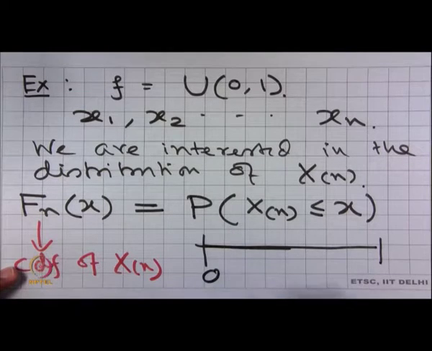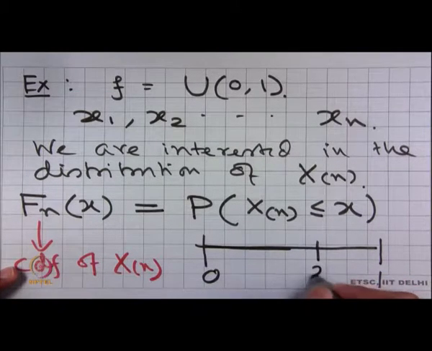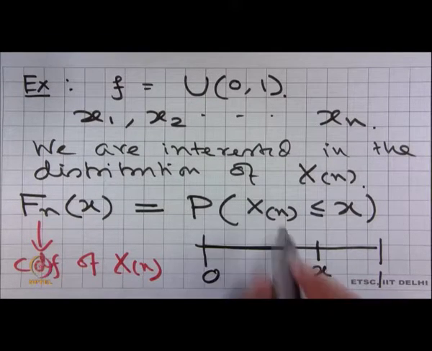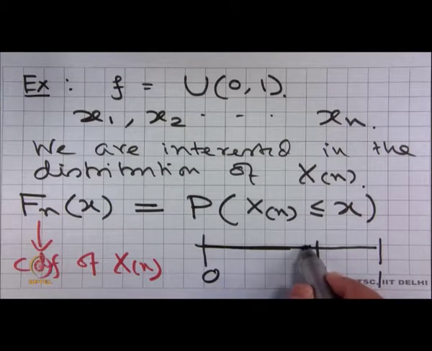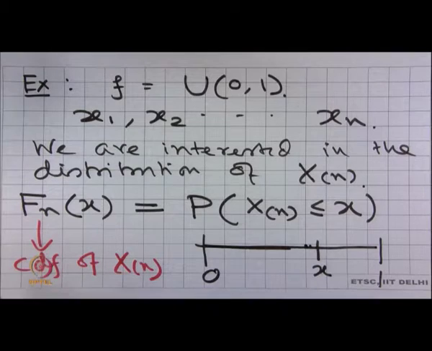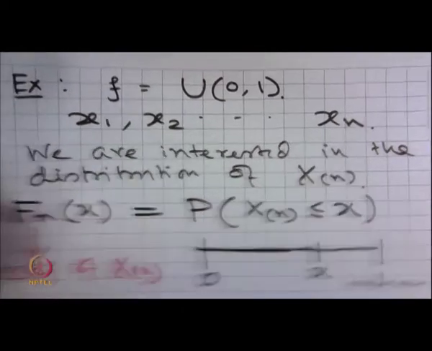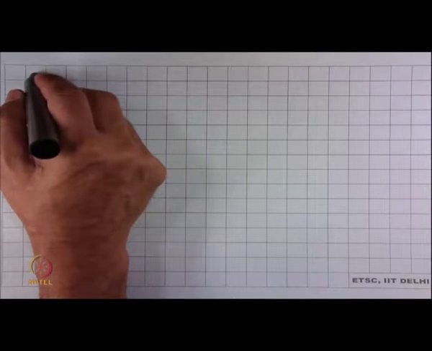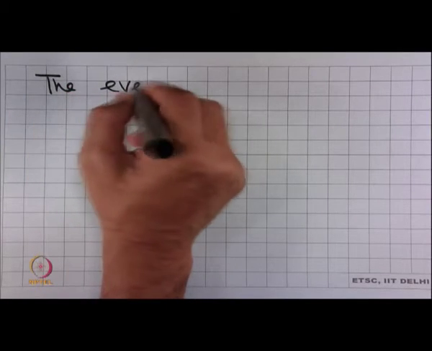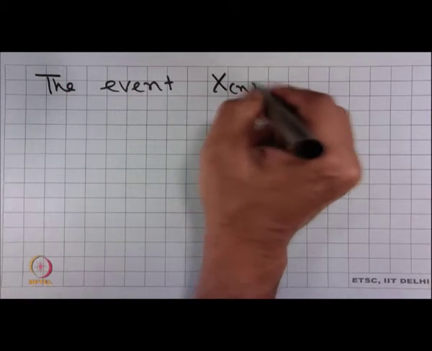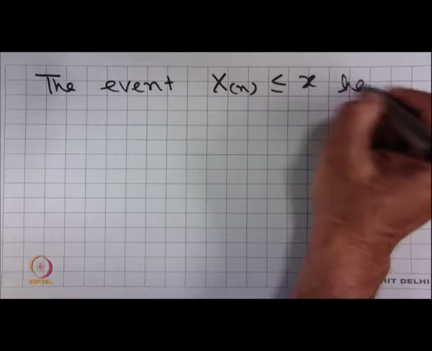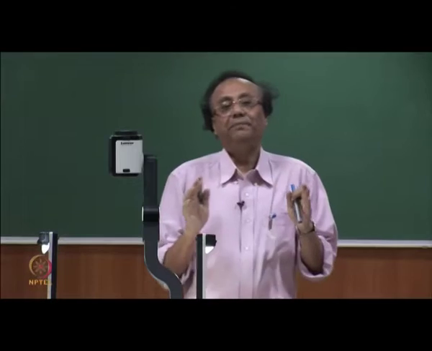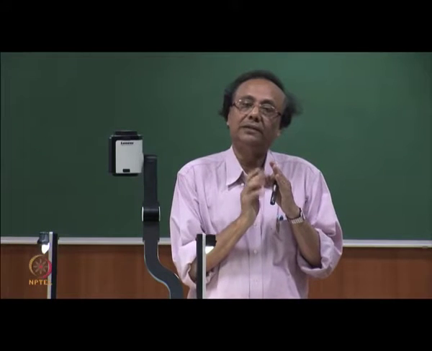Suppose this is 0 1 and this is x, and we have taken n samples, and we want the maximum to be less than or equal to x. What is the probability? The event x n less than or equal to x happens when the maximum is less than or equal to x.